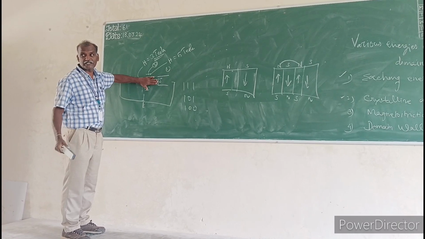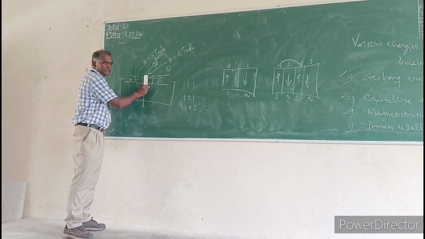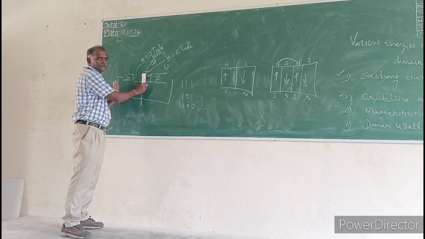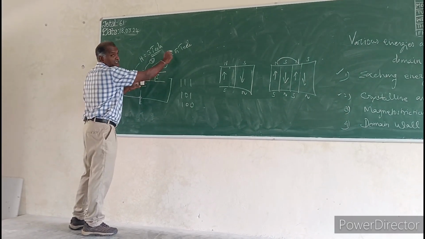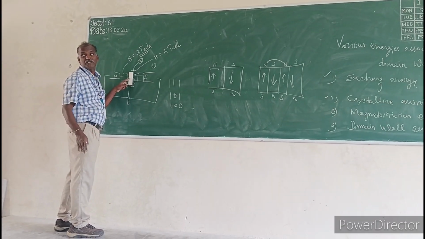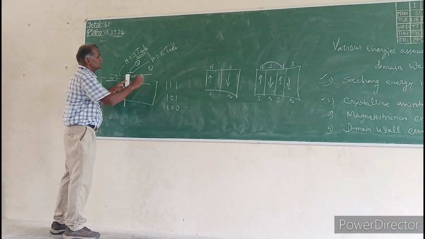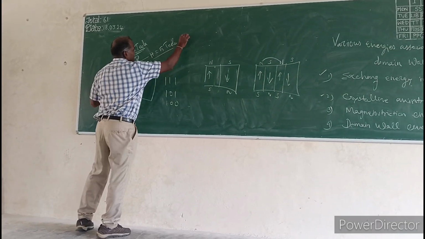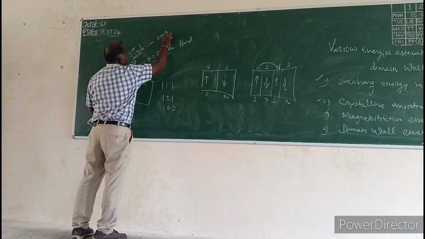After that it is not magnetized further. In the second case, we are keeping the specimen like this. The orientation is changed. In this case, we are giving magnetizing field 5 Tesla. We are giving more magnetizing field in order to magnetize the specimen to its maximum value. So this is the hard direction. This is the easy direction.